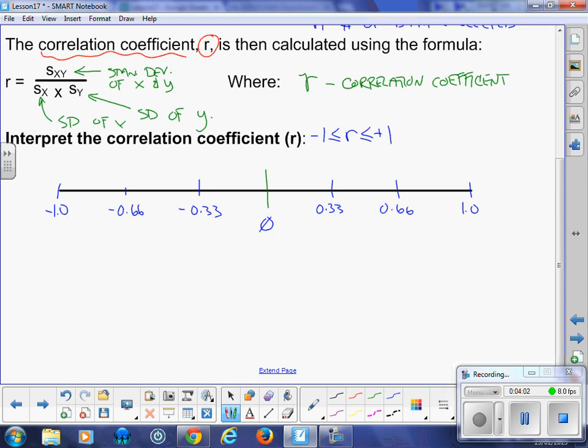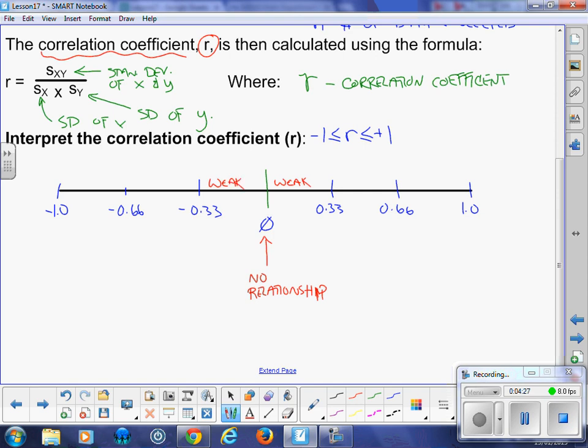The reason for that is as follows. If you get an R value equal to 0, we say there is no relationship. It tells us absolutely that there is no relationship there. If you get a number between 0 and 0.33, you are getting a weak relationship, and that goes for both directions.